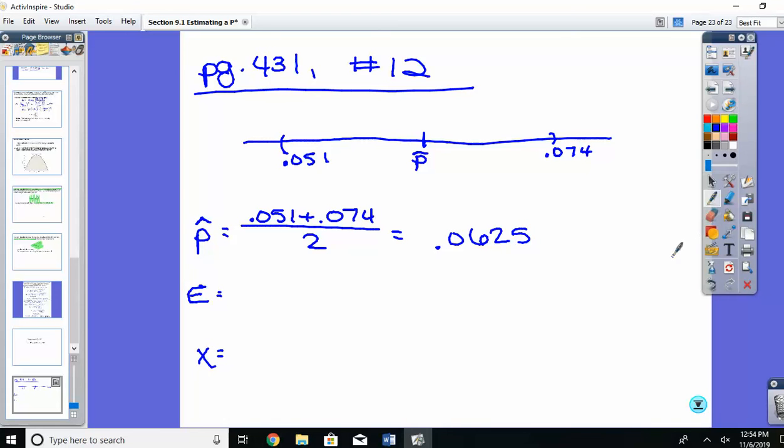Next question is the margin of error. There are several ways of doing this. The margin of error is the distance from p hat to one of those values. So tell me one option. Subtract. That would work. The 0.074 minus the 0.0625.